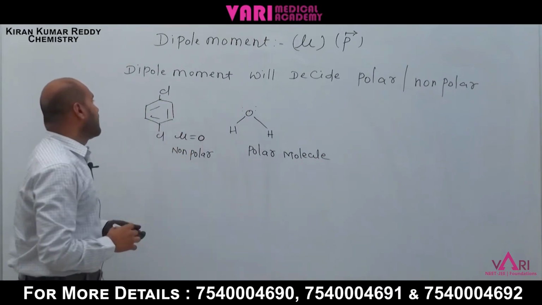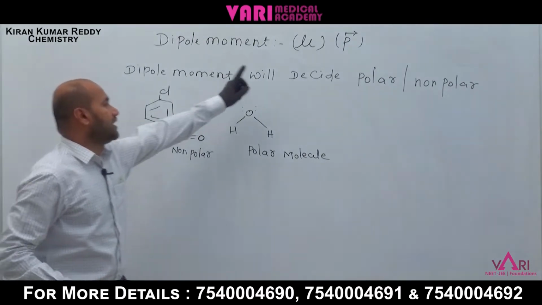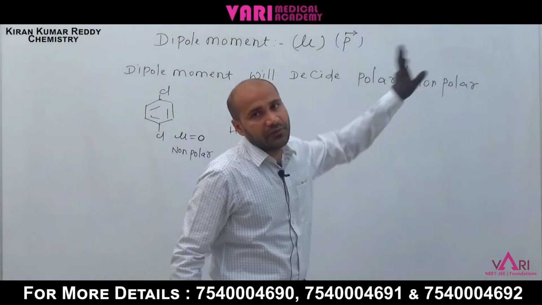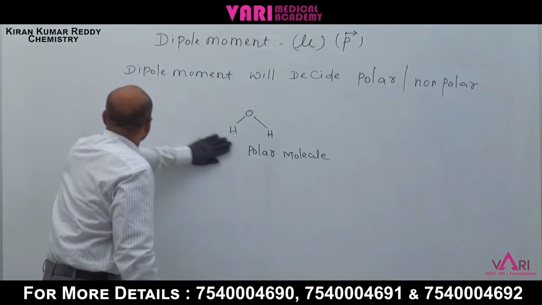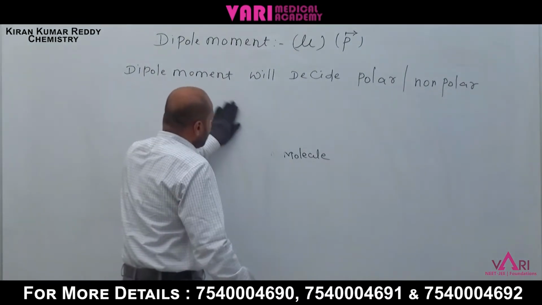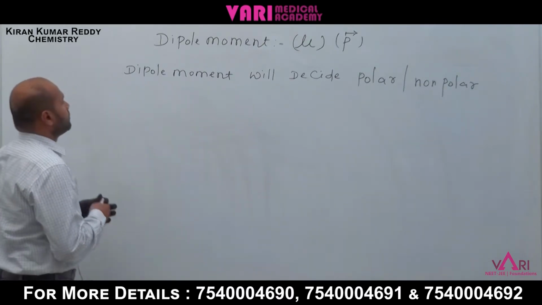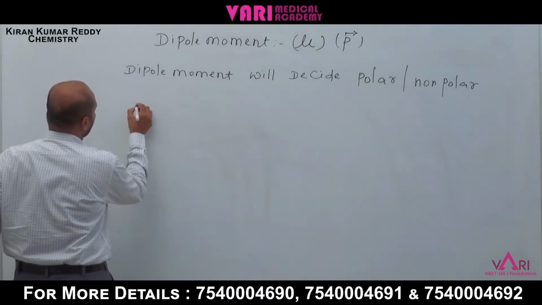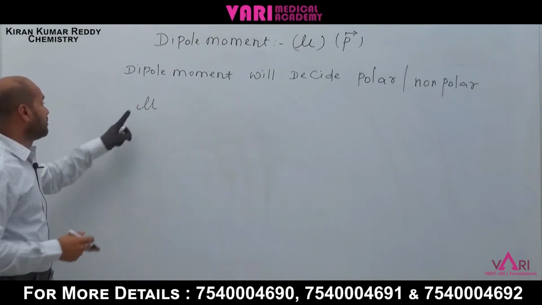This is explained by dipole moment, which decides whether a molecule is polar or non-polar. Now one by one we can discuss. Dipole moment is denoted by the symbol mu.